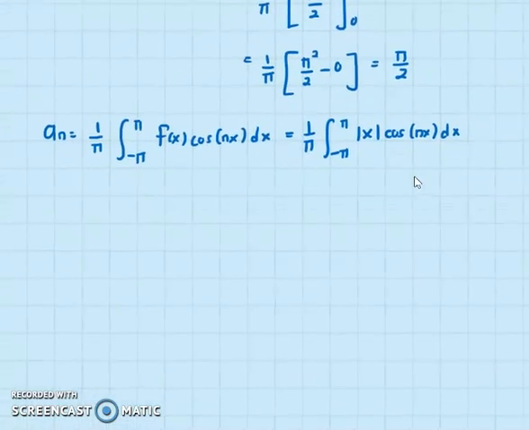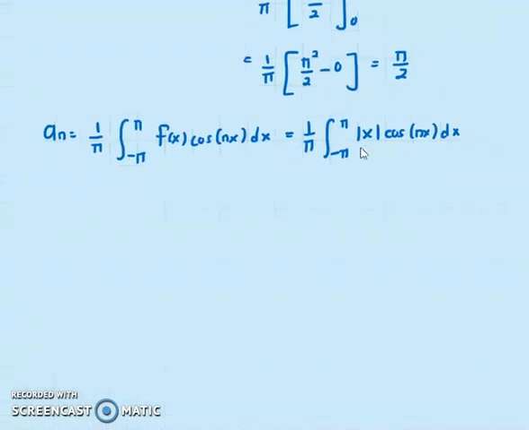Now we know that this is even and this is even, so an even times an even function gives me an even function. So I can write this as 2 over pi, integral 0 to pi, x cos nx dx. All you have to do is solve this integral. That's all.